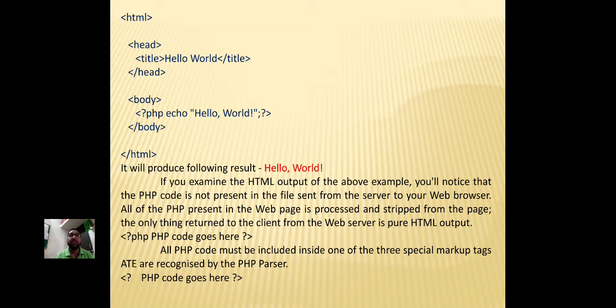The only thing returned to the client from the web server is pure HTML output. All PHP code must be included inside one of the three special markup tags that are recognized by the PHP parser.